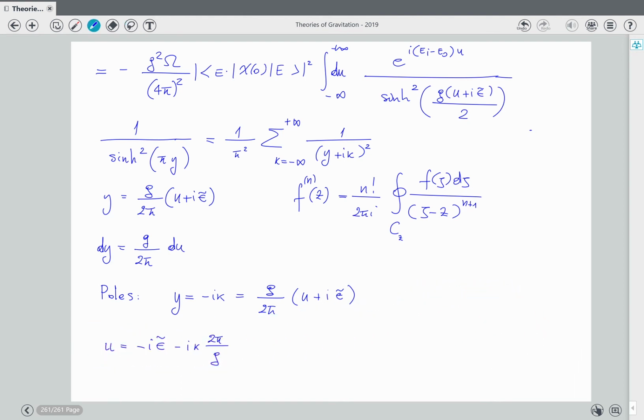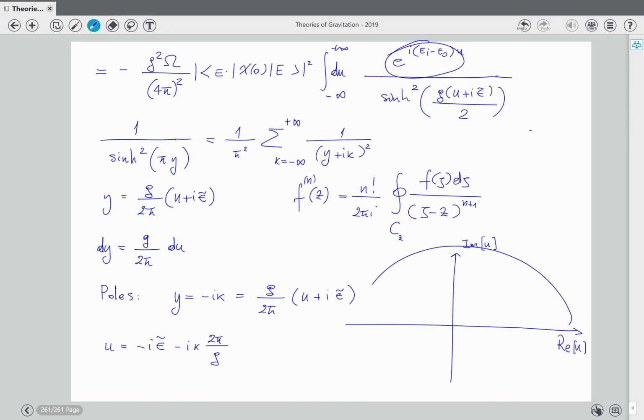And so if you plot them as before in the u complex plane, you know as before that you can close the contour in the upper half plane because of the exponential there for every term of the sum, so you will have to exchange the sum and the integral.